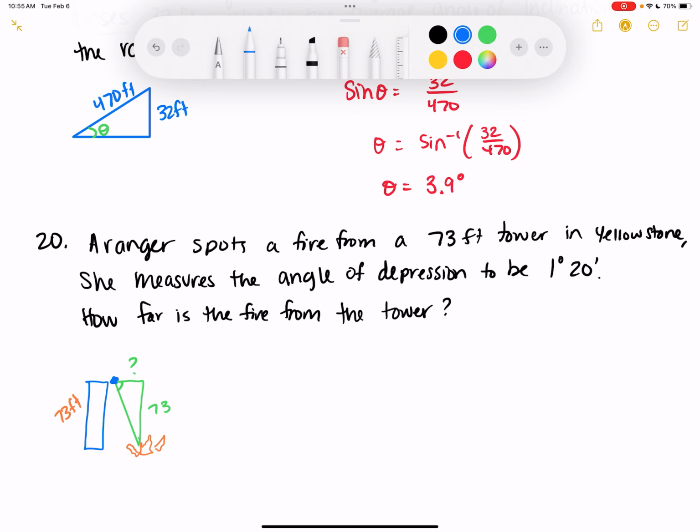So what's the first thing I need to do? So 1 plus 20 over 60 should be like 1.33, I think. Repeating, but now what?